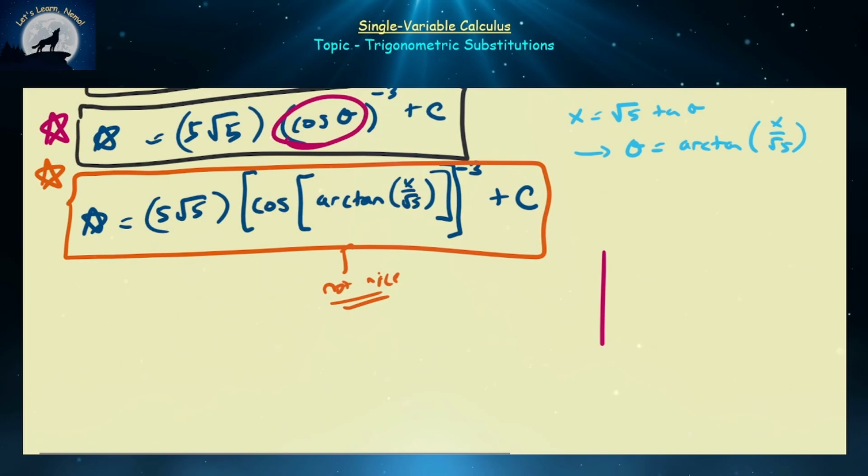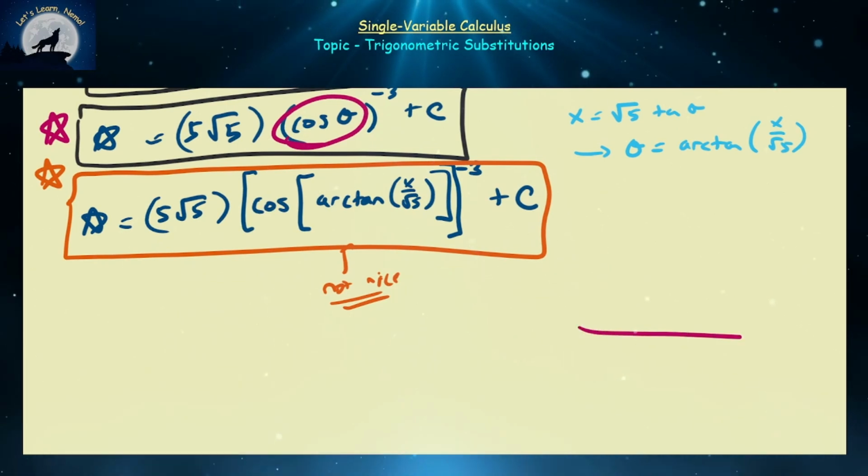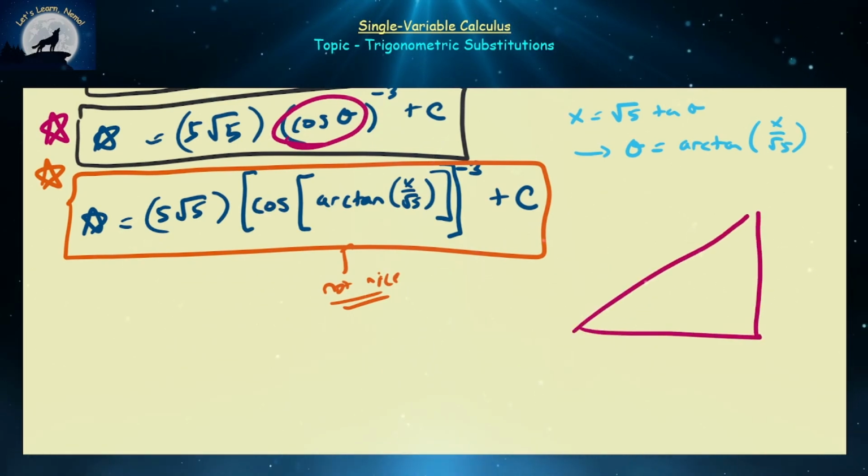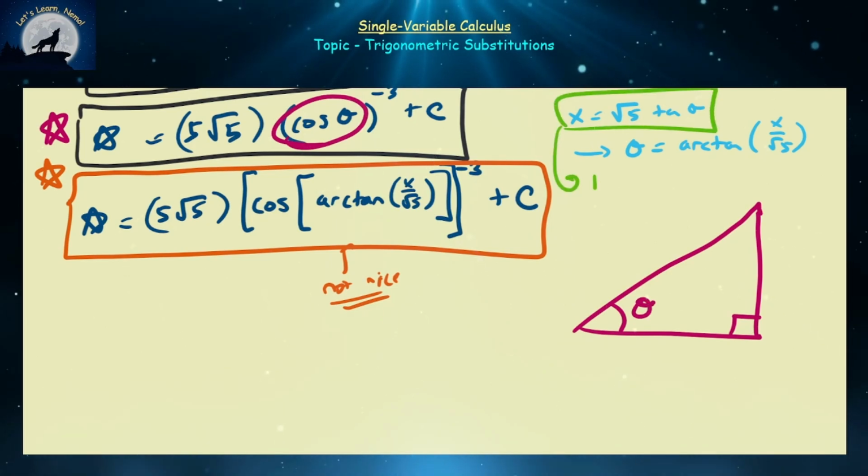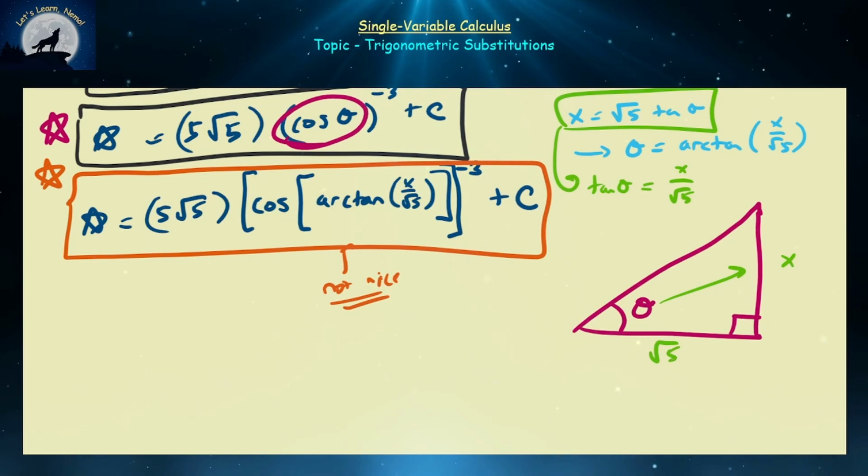So if we draw a right triangle here, let's call this, for example, theta. What are we going to have here? So keep in mind, tangent of theta from this x substitution is going to be equal to what? So that's going to be equal to opposite over adjacent. So x divided by the square root of 5. So opposite of this triangle would be x, adjacent would be the square root of 5.